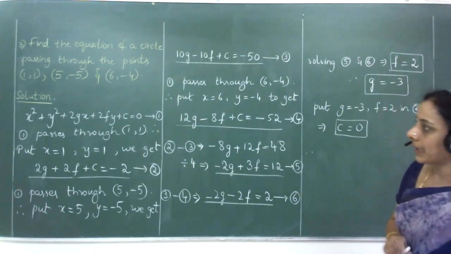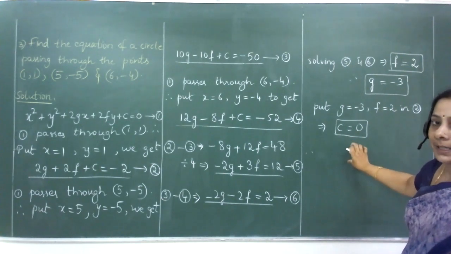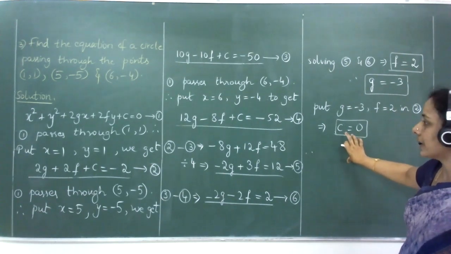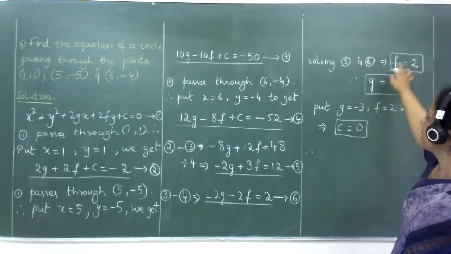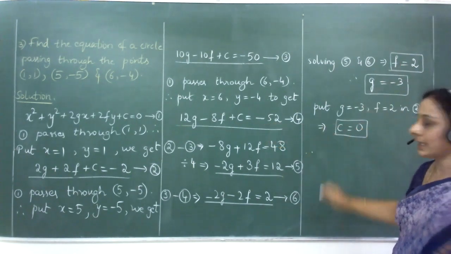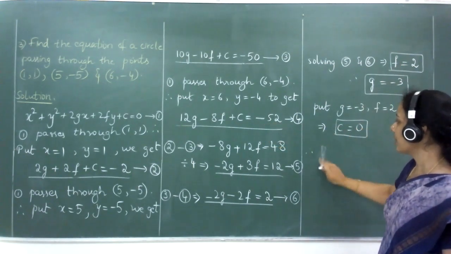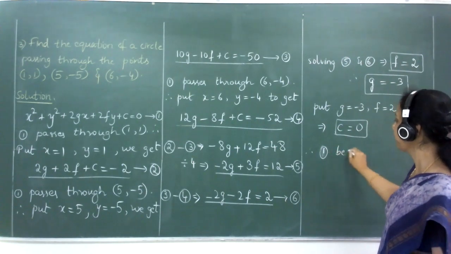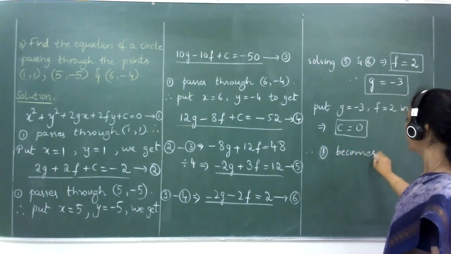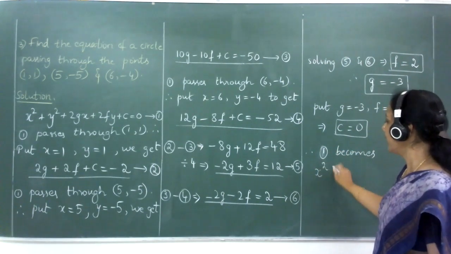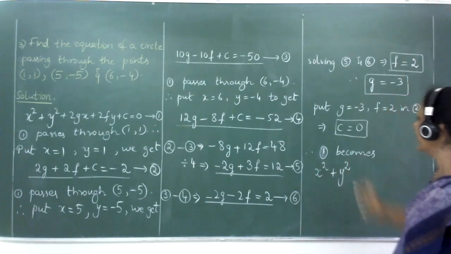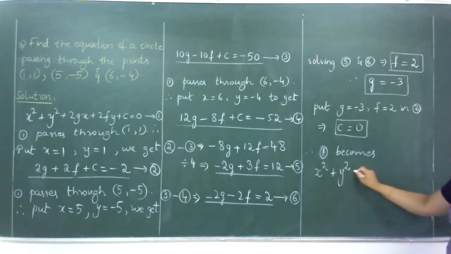Now what is remaining? We will have to give the final answer, that is the equation of the required circle. So substitute G, F and C back in equation 1. So equation 1 becomes x squared plus y squared. We are substituting for G, so 2 into -3 into x gives me -6x.